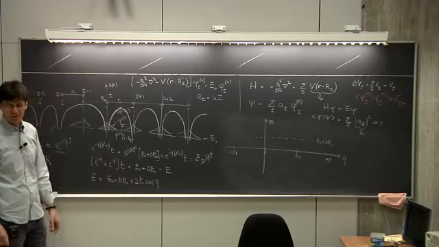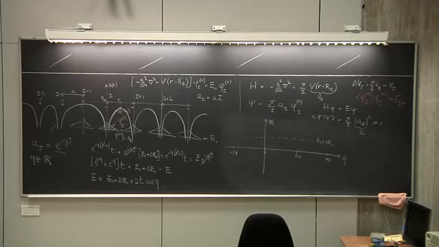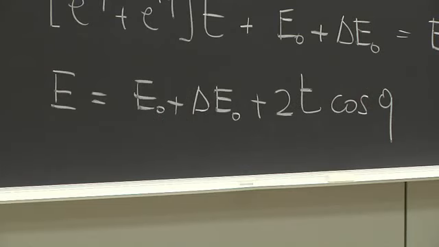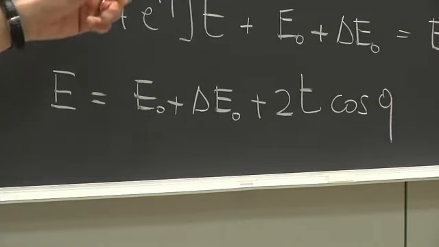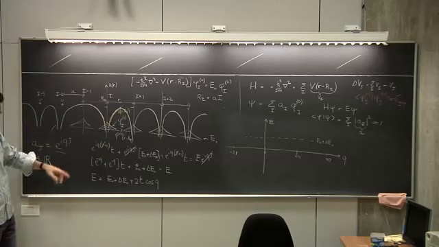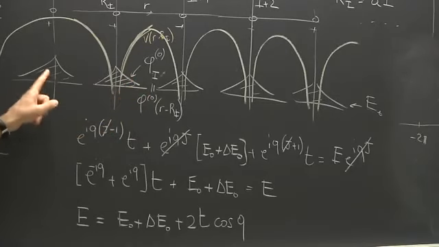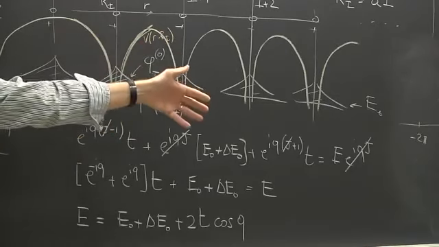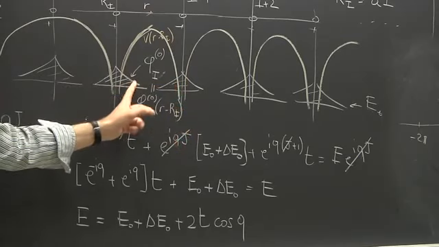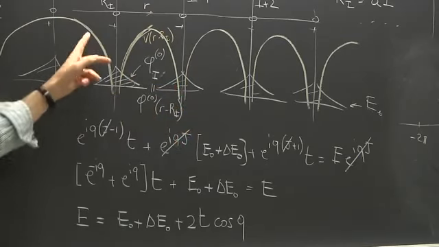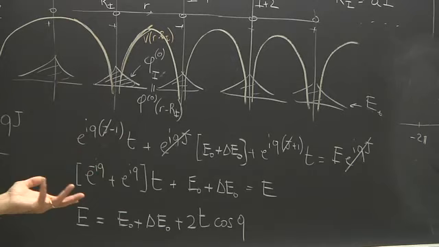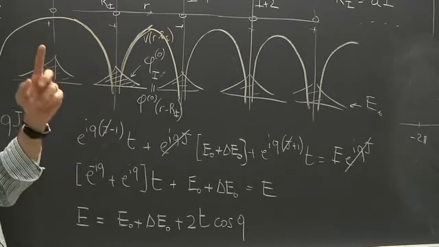Now, the sign of t. What is the sign of t? I need to know it in order to draw my function. But if you remember, t was the overlap between a function, another function, and a potential. This is positive. This is positive. The potential is always negative, so t is always negative, at least if the wave functions are only positive.